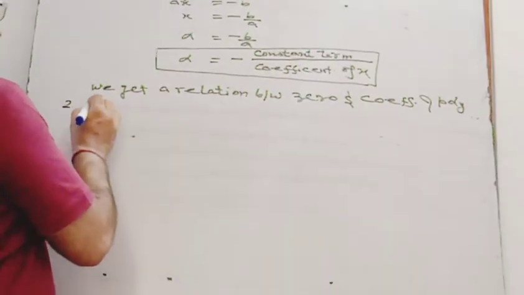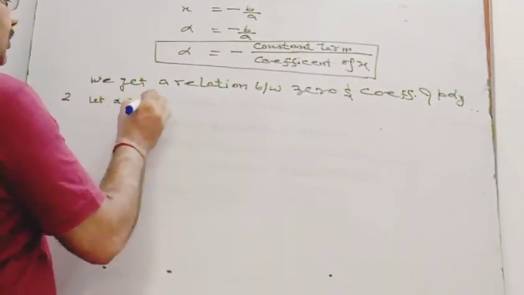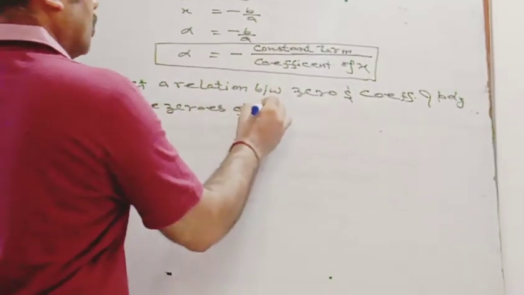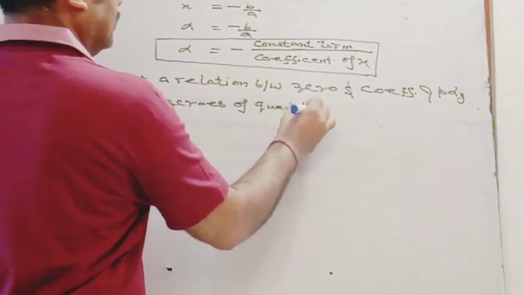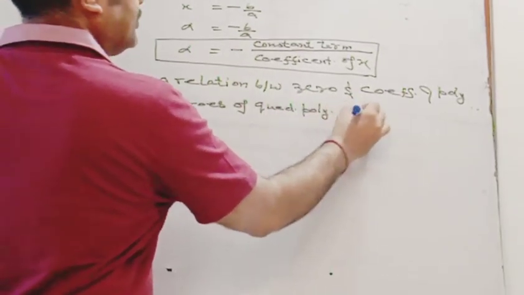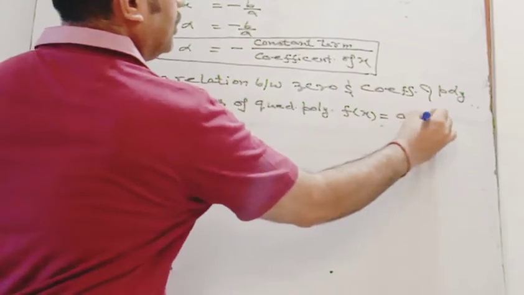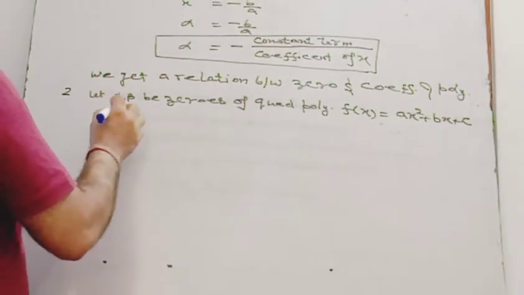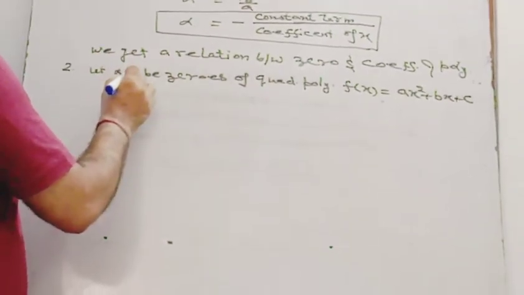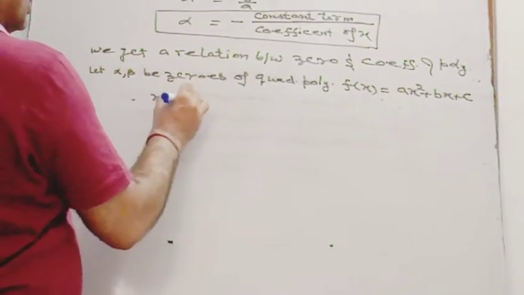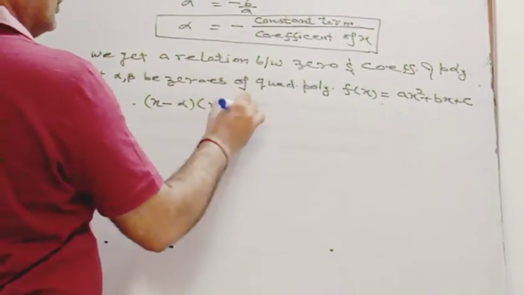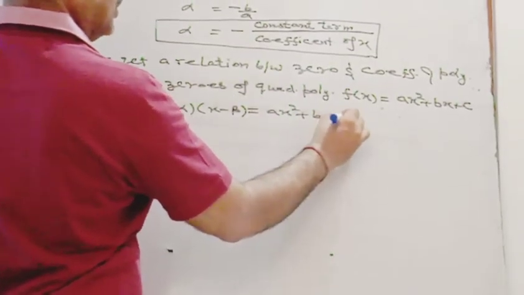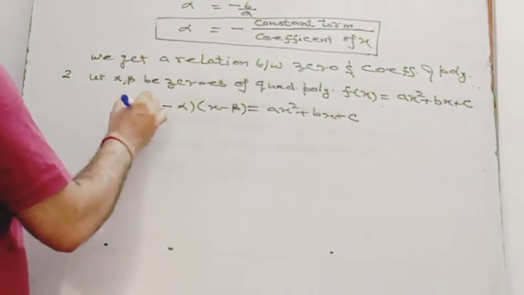Point 2. Let alpha, beta be zeros of quadratic polynomial f(x) = ax² + bx + c. Then by factor theorem, (x - alpha)(x - beta) can be written as ax² + bx + c, we can take into k also.